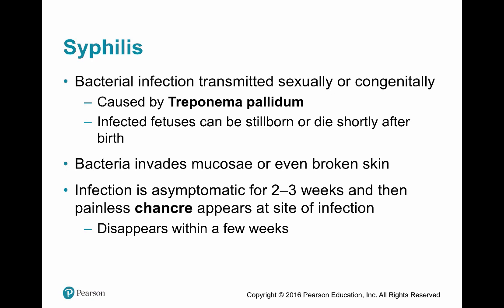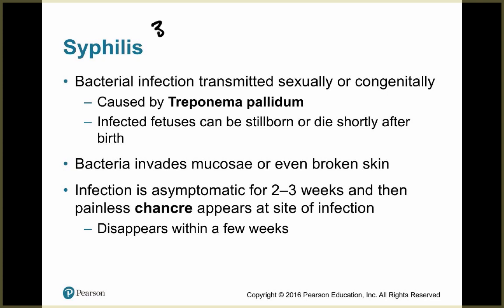If untreated, secondary signs appear several weeks later. These are things like a pink skin rash, fever, and joint pain. It usually appears between 3 to 12 weeks, then disappears. The disease can have a latent period, which may or may not progress to what's known as tertiary syphilis.